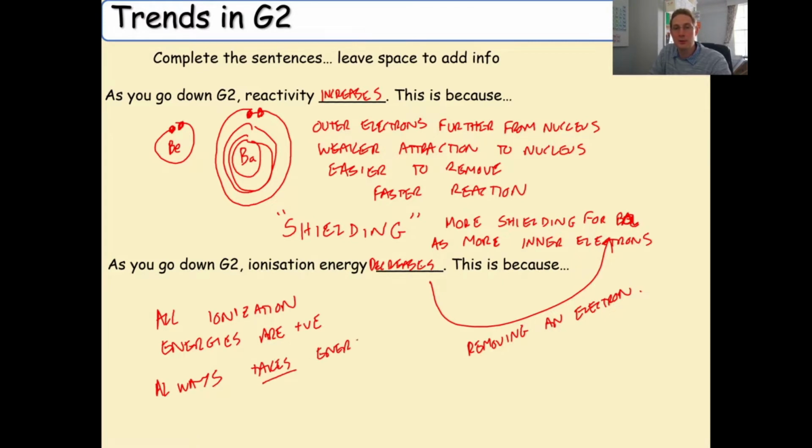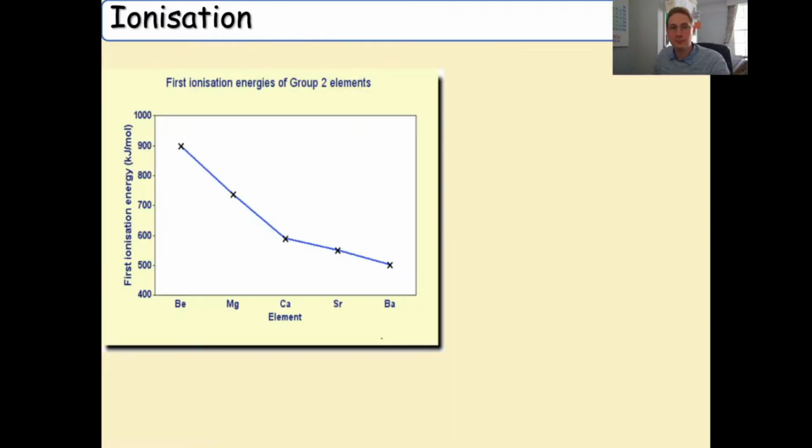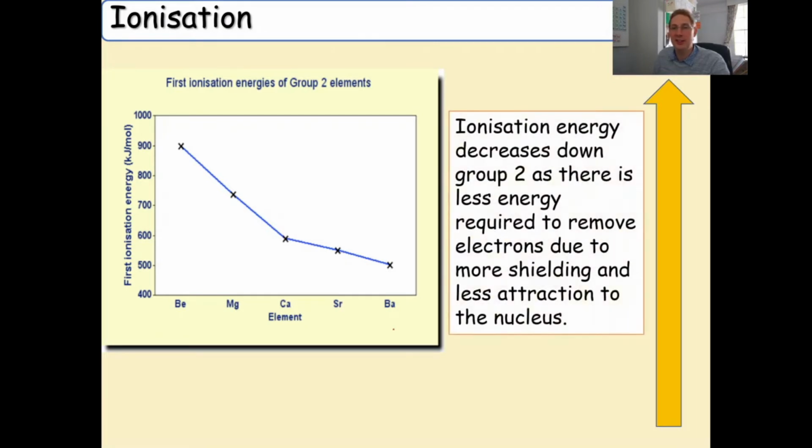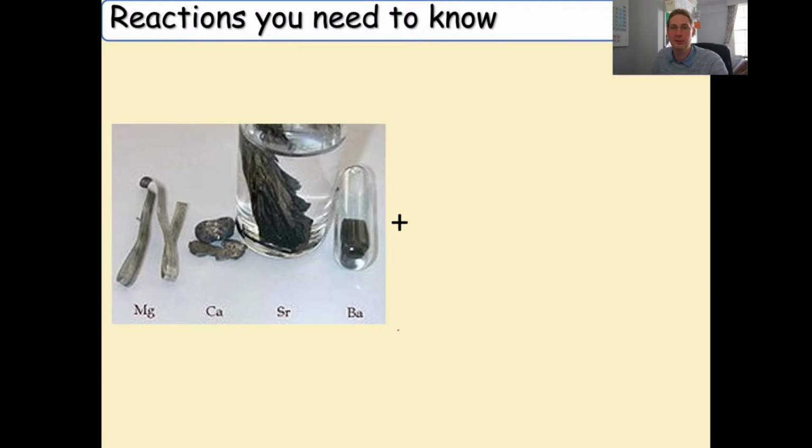So it always requires energy to remove an electron. And here we go. Here is a graph showing the first ionisation energies of the group 2 elements. And as you can see, ionisation energy decreases down the group as less energy is required to remove electrons due to more shielding and less attraction to the nucleus.